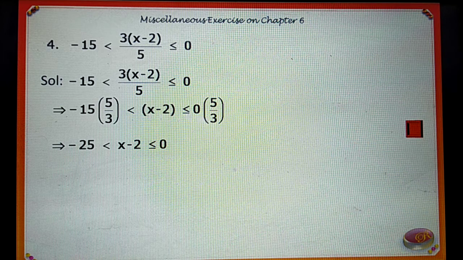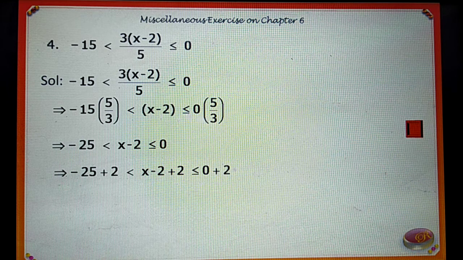Implies minus 25 plus 2 is less than x minus 2 plus 2 is less than or equal to 0 plus 2. Implies minus 23 is less than x is less than or equal to 2.